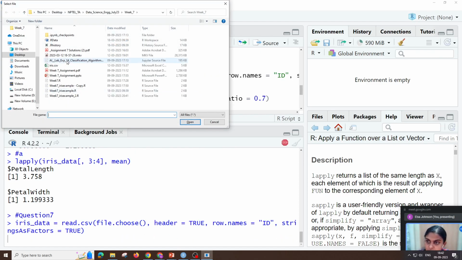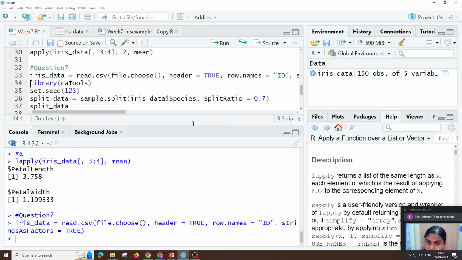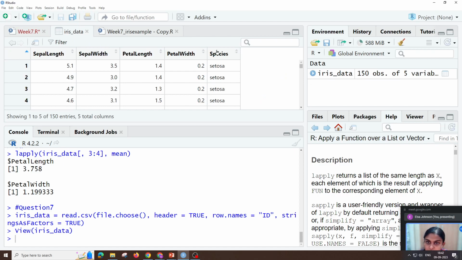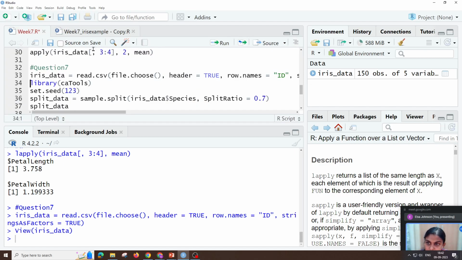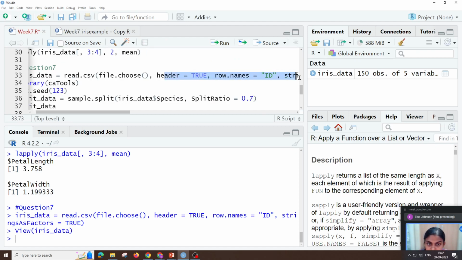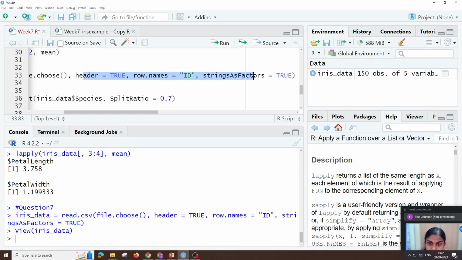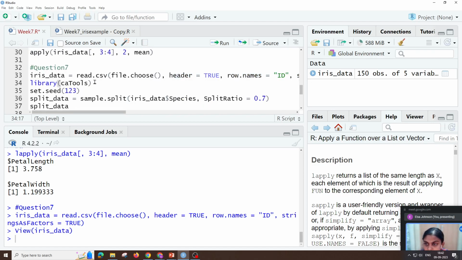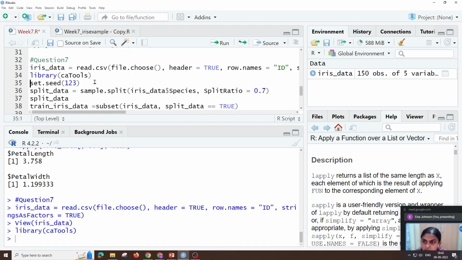I'll click on that and the iris data is loaded. It has 150 observations of 5 variables. When loading it, I gave header equal to true, row names equal to IDs, and strings as factors equal to true. Now library caTools, which I have installed, is for the split.